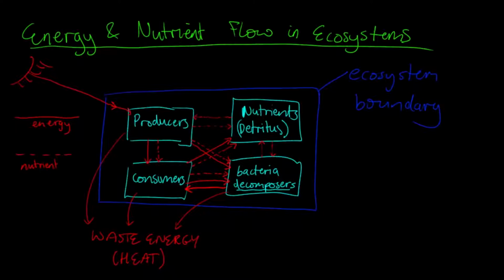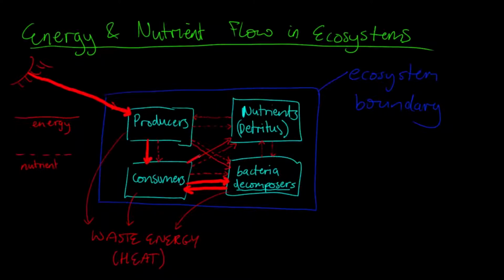So just to clarify and run over it one more time, I'll make the red a little thicker for the energy. The energy is coming from the sun and is transferred to the consumers. There's an exchange of energy between the consumers and the bacteria, the decomposers of the ecosystem.